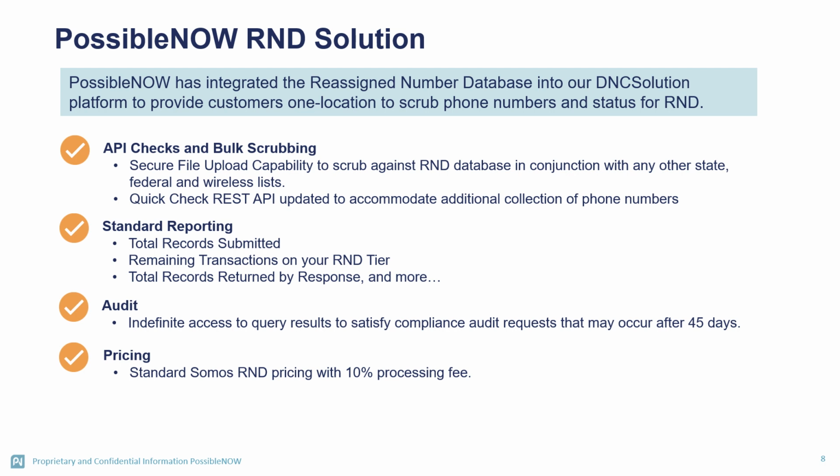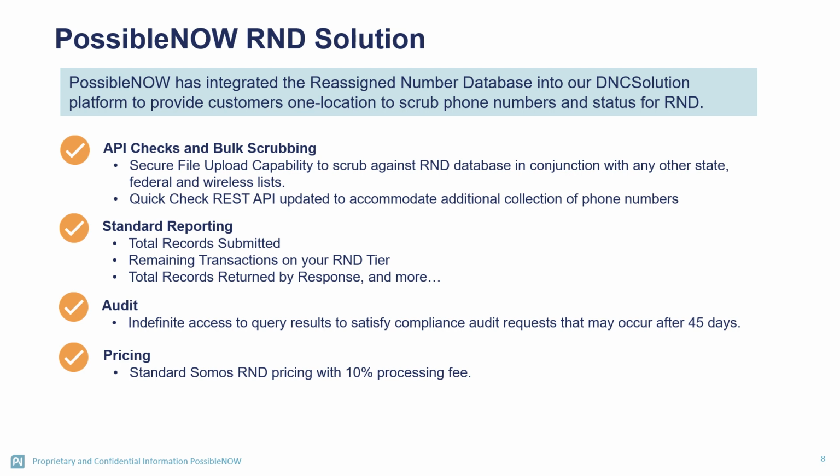And one of the things that I know Kevin talked about was making sure that you have reporting in place. So within DNC solution, you'll also be able to report on the numbers that you put through our system and the result of those phone numbers against the R&D's yes, no, and no data. And you'll also be able to track how many records you have submitted to the R&D so that you can keep track of that to see if you're well under your allotment or if you need to upgrade to a new allotment with the R&D.